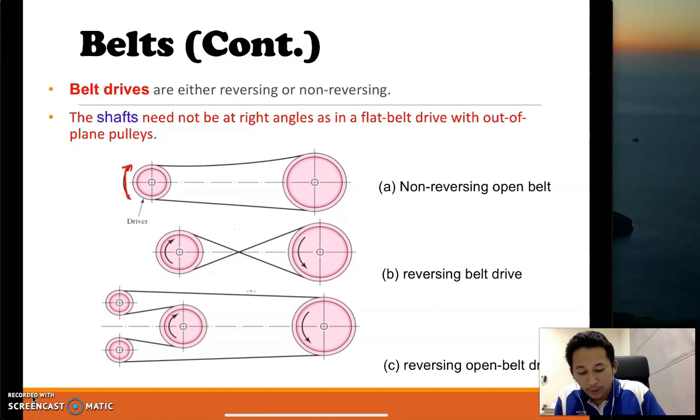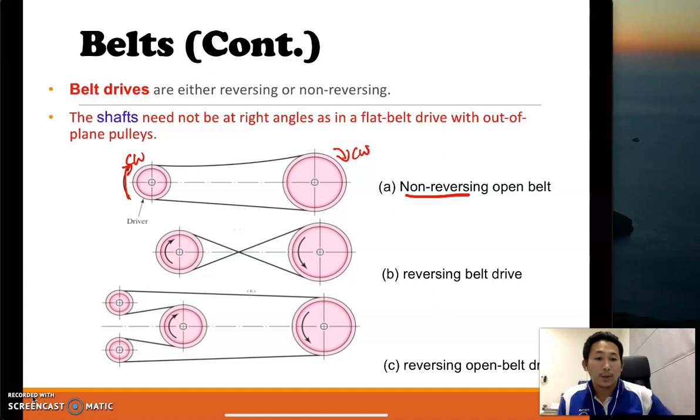This one is clockwise, this one is clockwise, so this is non-reversing. Non-reversing means the driver and driven pulley are in the same direction. But for the cross belt, this one is clockwise while the driven is counterclockwise. That is a reversing belt drive.